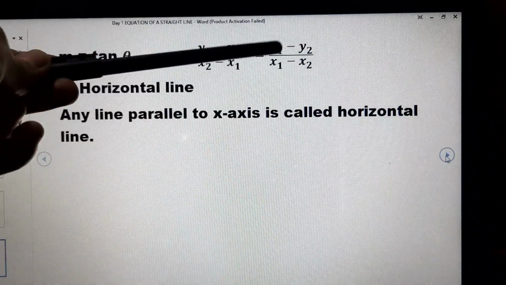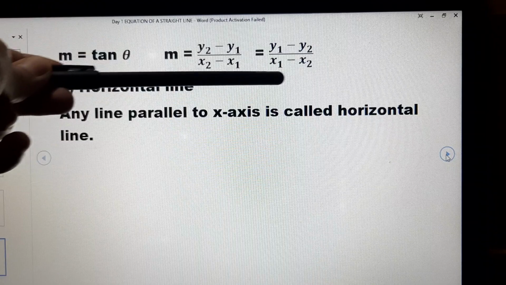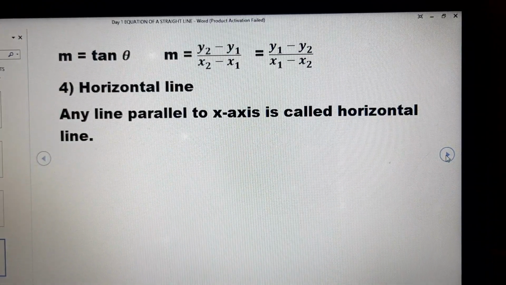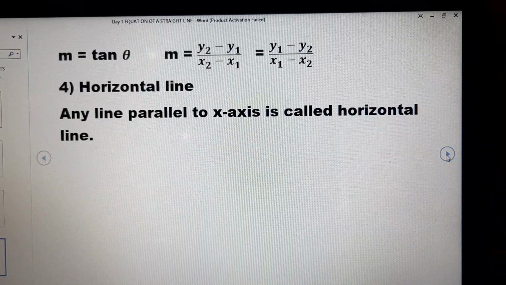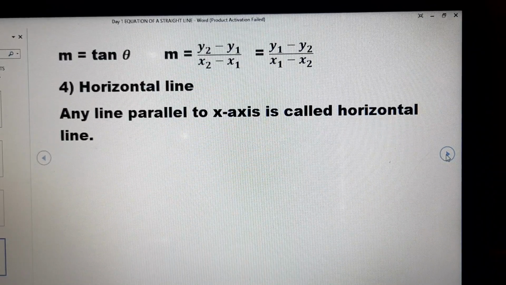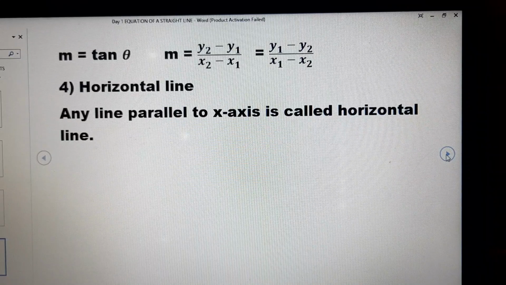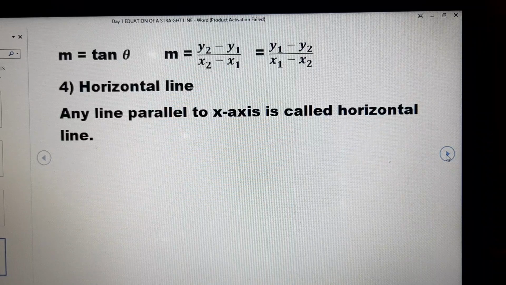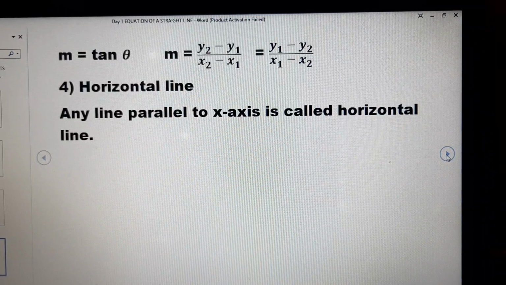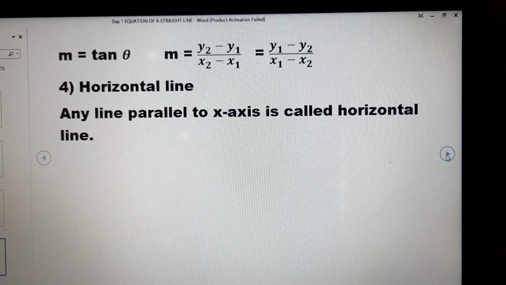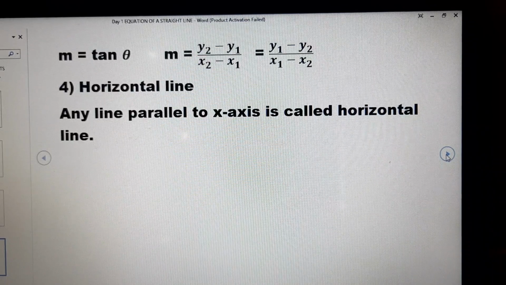If you are taking y1 minus y2, then you are bound to take x1 minus x2. Both are right, but if you have taken y2 minus y1, then you have to take x2 minus x1. So m will be equal to y2 minus y1 divided by x2 minus x1. If you take m is equal to y2 minus y1 divided by x1 minus x2, it will be wrong.